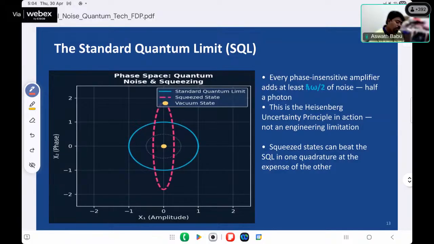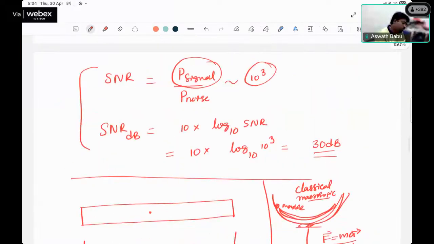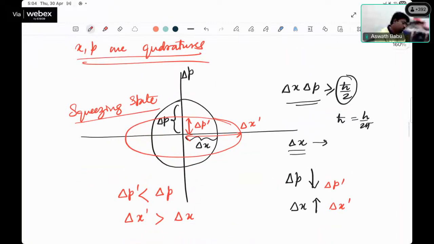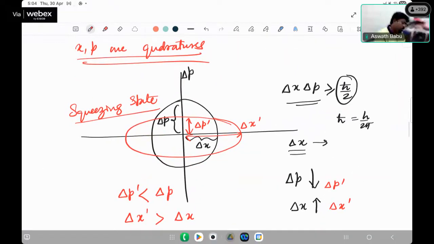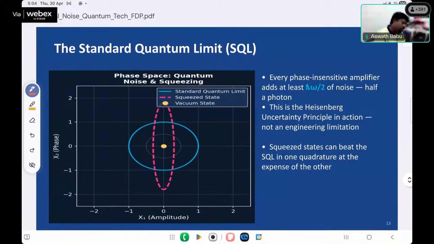Standard quantum limit we already discussed. I think I showed you how we need to compress one of the quadratures to have good control in that particular case. This is called a squeezed state, and the vacuum state has no disturbance except vacuum disturbance, which is about h omega by 2.